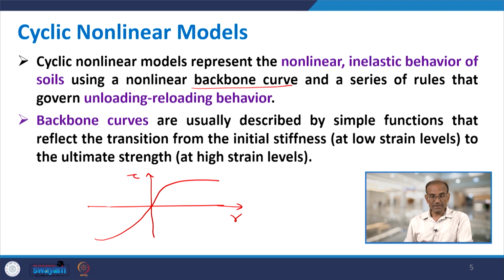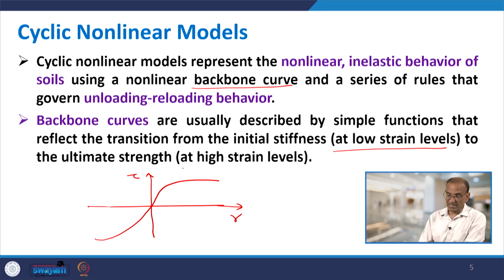So, this is one part, and this is common; the backbone curve was there in the equivalent linear models also. But then there are a series of rules which govern unloading and reloading behavior. These backbone curves are usually described by simple functions that reflect the transition from the initial stiffness, at low strain level, to the ultimate strength, which is at high strain levels.